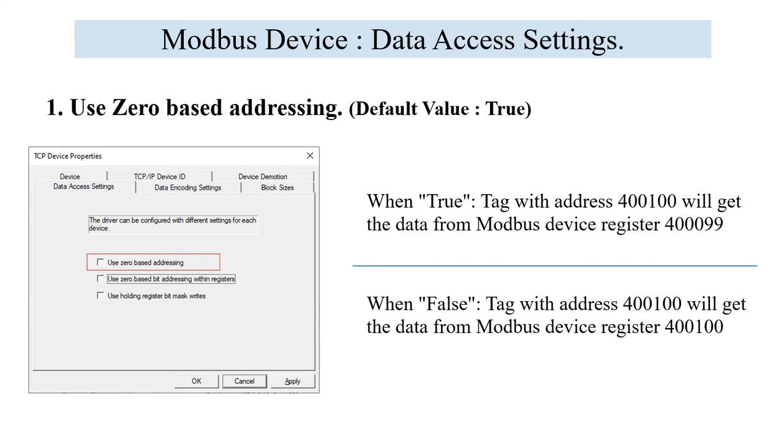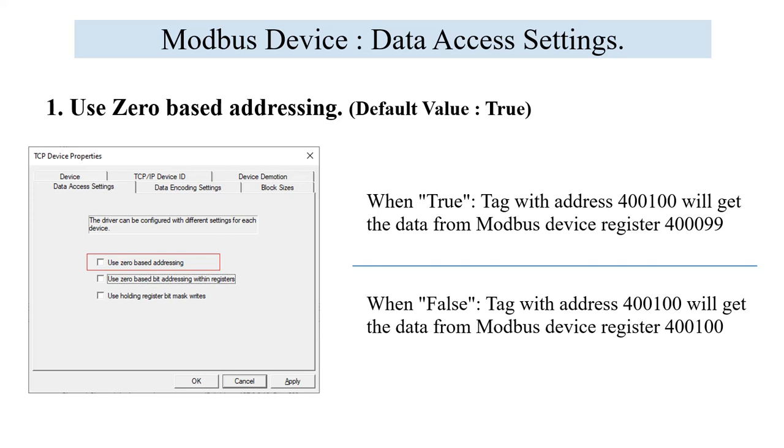To accommodate these kind of devices, this setting is provided. When this setting is false, coil address 1 will be treated as 1. When this setting is true, coil address 1 will be treated as 0. That is, driver will subtract 1 from the address and then request data for that address.